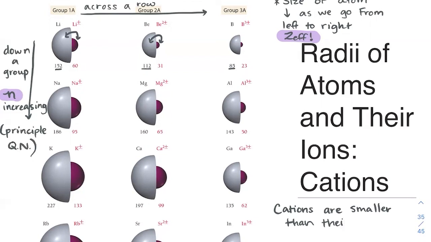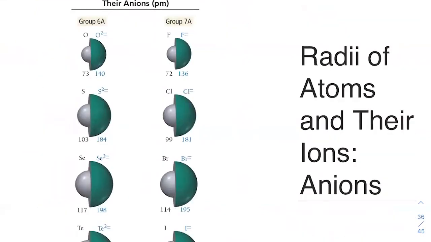And the reason for that is because when a cation forms, they are losing electrons. So we are looking at losing the valence electrons. So there are less electrons to hold in the atom, and so therefore the size decreases. We're removing those electrons from the outermost n, and so we are decreasing the actual distance away from the new outermost electrons. So cations will always be smaller than their parent atom or element.